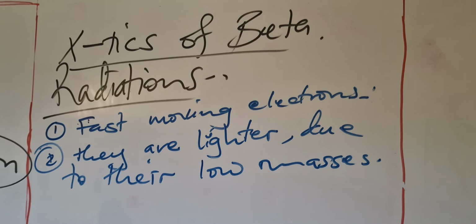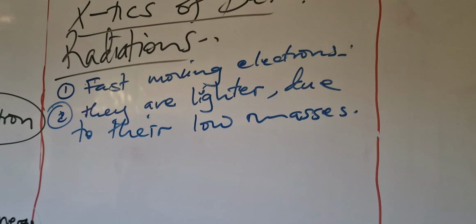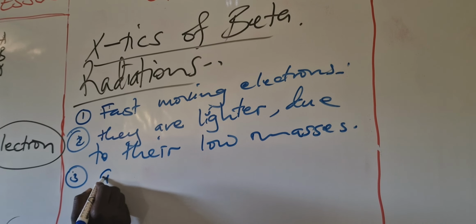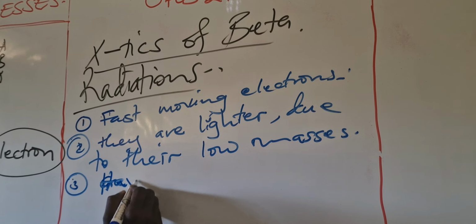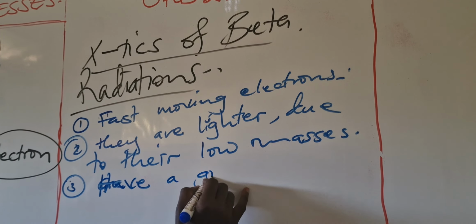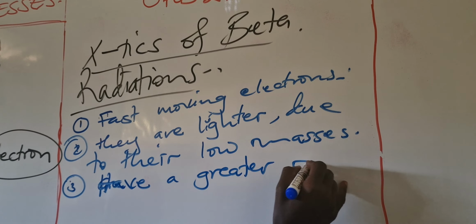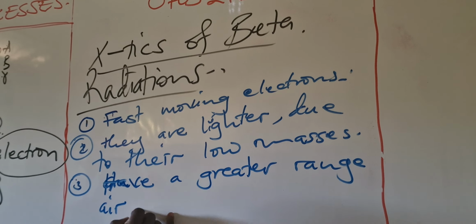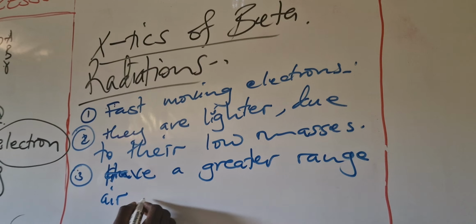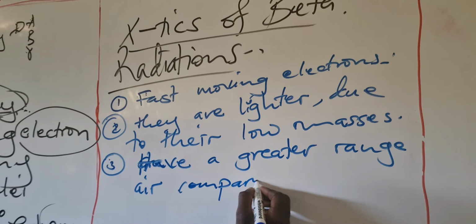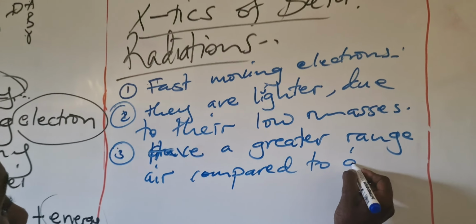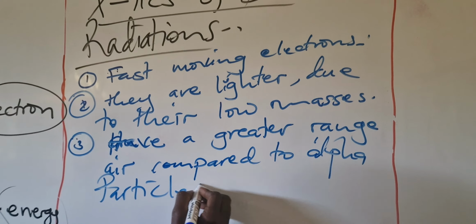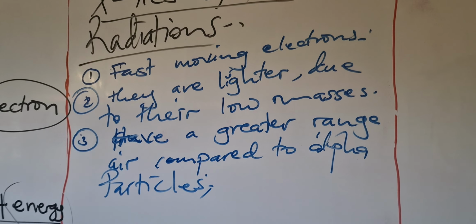The beta radiations, these ones, they will have a greater range in air compared to alpha particles. We are mentioning some of the characteristics of such radiations.